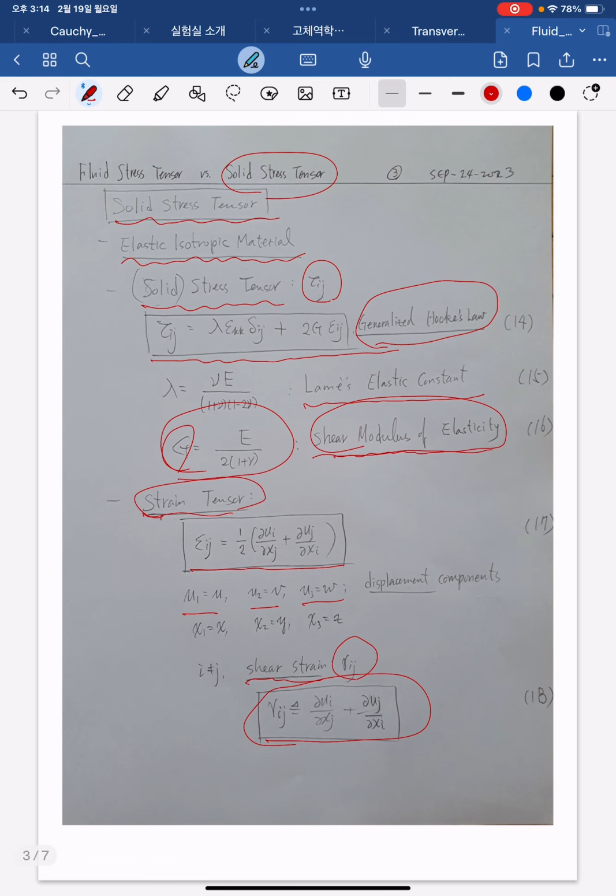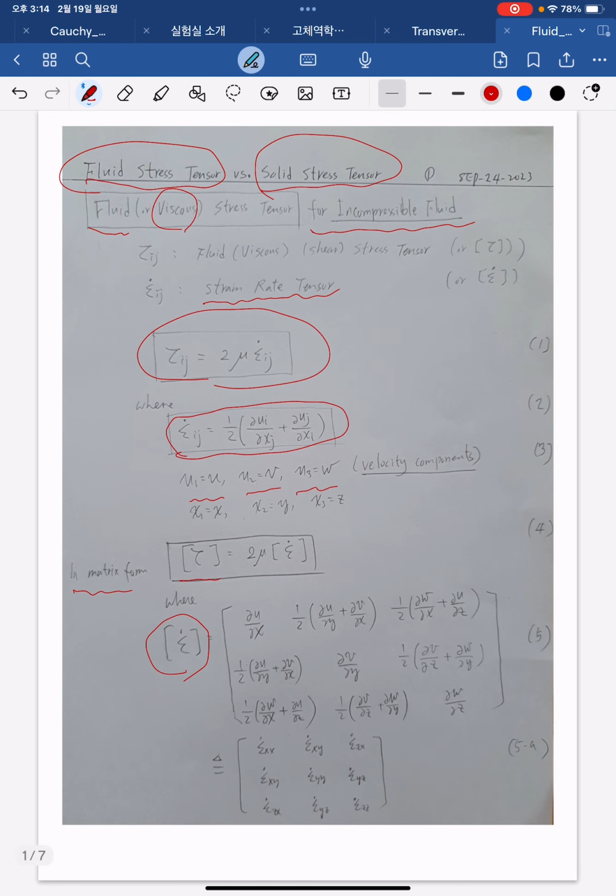So, in summary, the fluid or viscous stress tensor is given by the strain rate tensor. The fluid stress tensor is related to the strain rate tensor by equation 1.